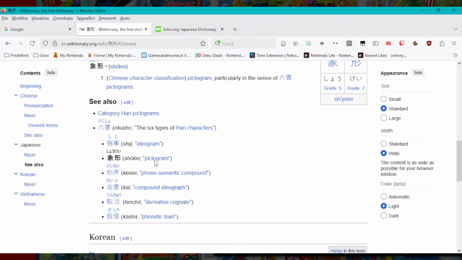These are the other categories. We only need four for today, and they are also the fundamental ones. Pictograms, ideograms, compound ideographs, and phonosemantic compounds.